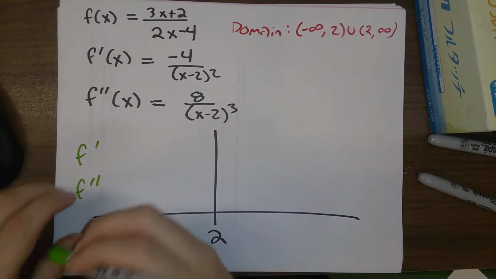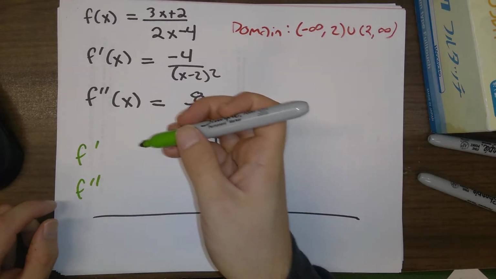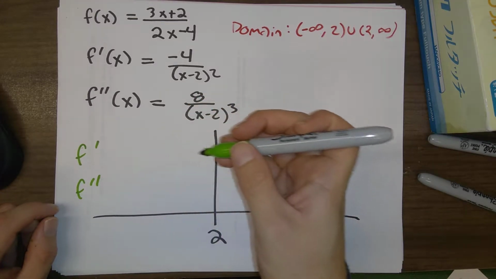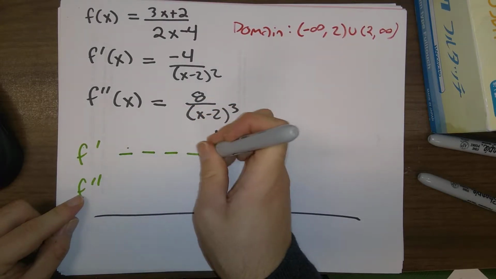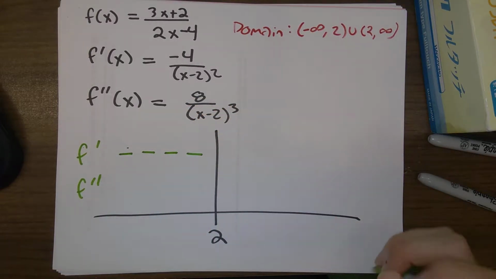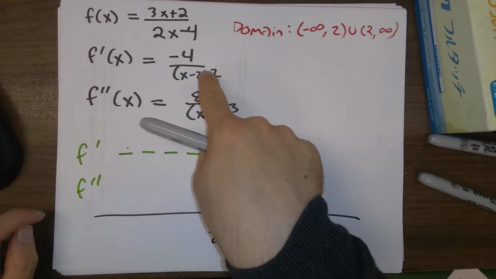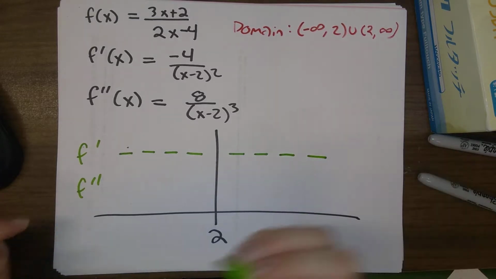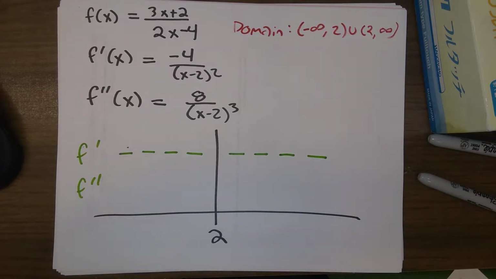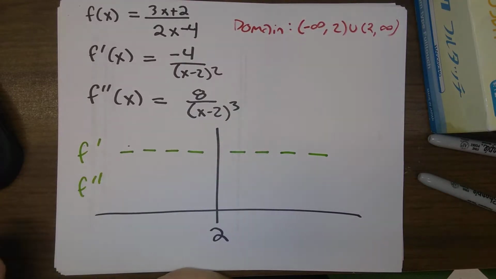Negative divided by positive gives us something negative. If we are doing something bigger than 2, x minus 2 is positive, squaring that is positive. Negative divided by positive gives us negative. So here's our sign chart for the first derivative.